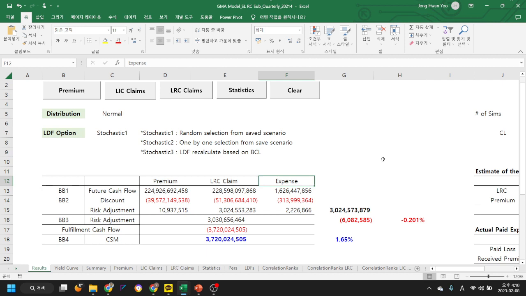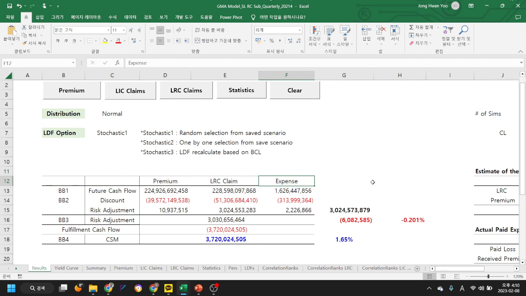And there are also some overhead costs, but you need to allocate that entity-level overhead all the way down to the group of contracts, especially allocating that portion to this group of contracts.